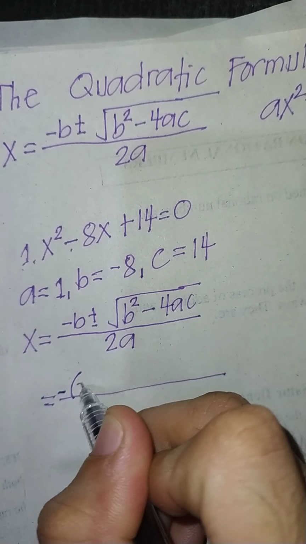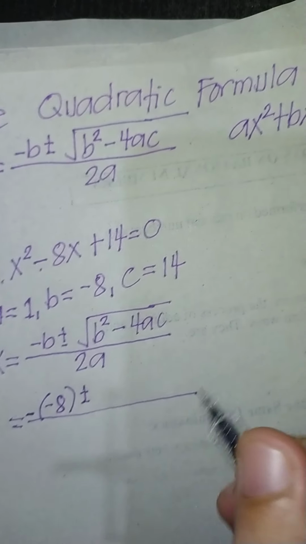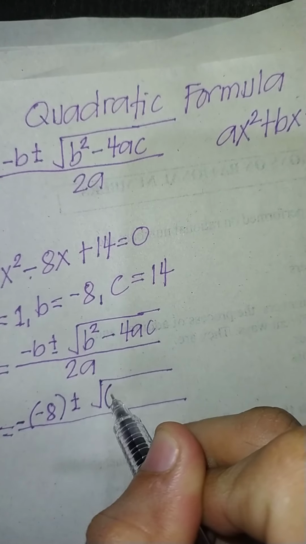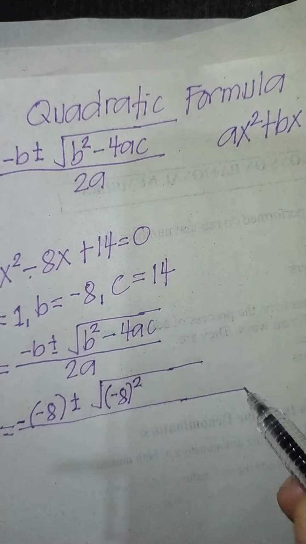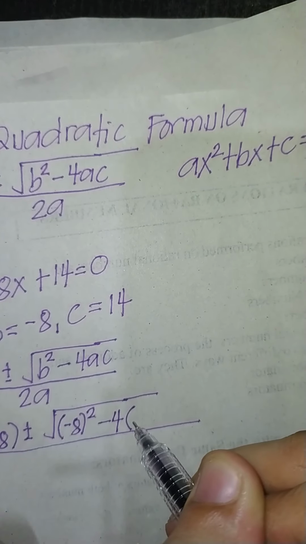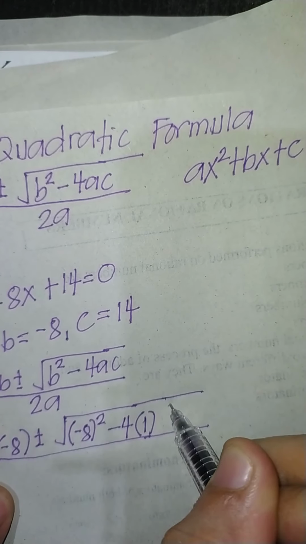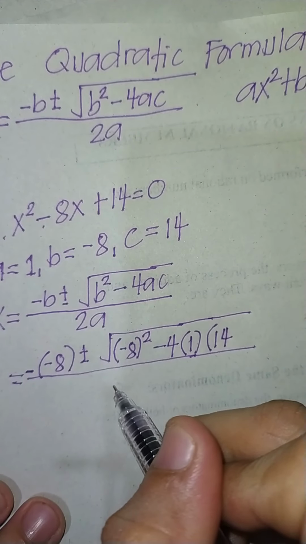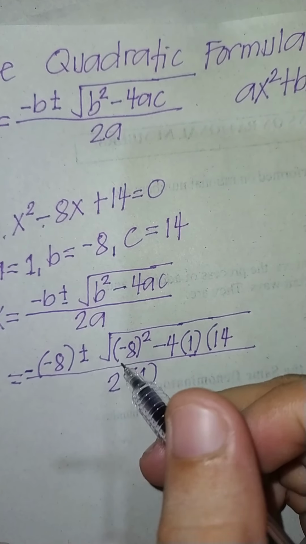So, negative negative 8, plus minus square root of open parenthesis negative 8 squared, minus 4 times a, where a is 1, times c, which is 14, all over 2a, 2 times 1, kasi ang a natin is 1.